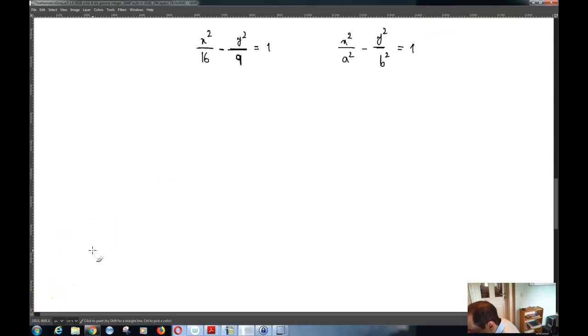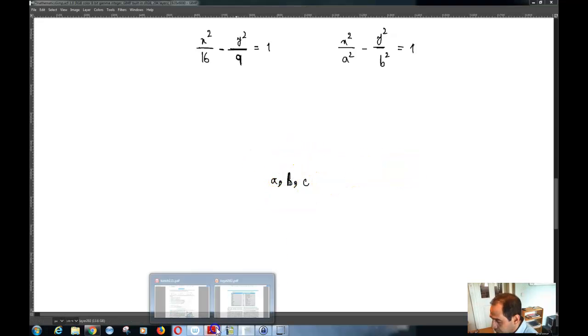In this kind of exercise, if you have the values of a, b, and c, you could essentially find all of those pieces of information that you're looking for: the vertices, the foci, the eccentricity, and everything else.